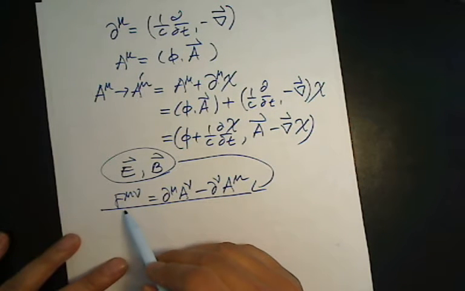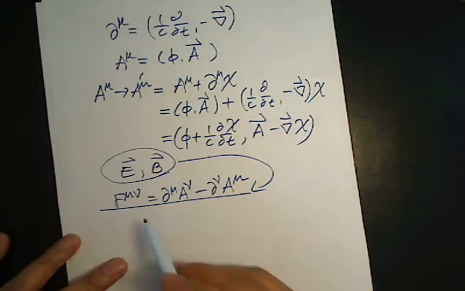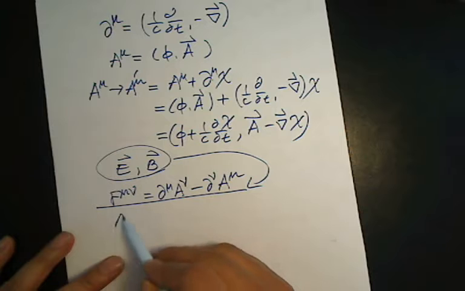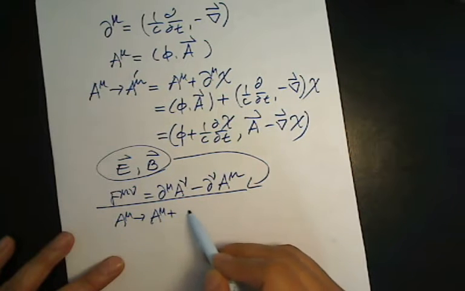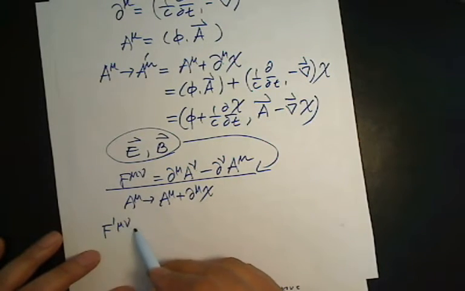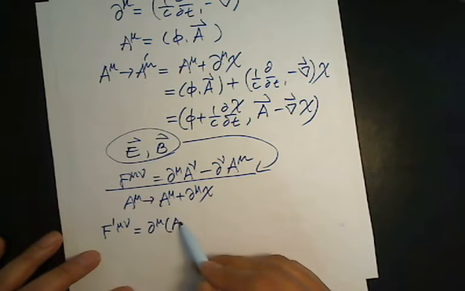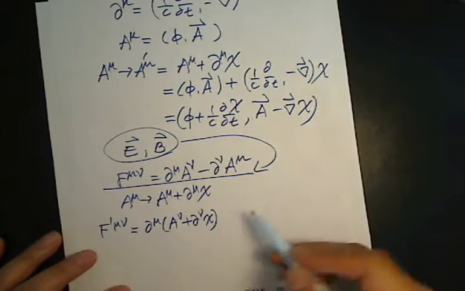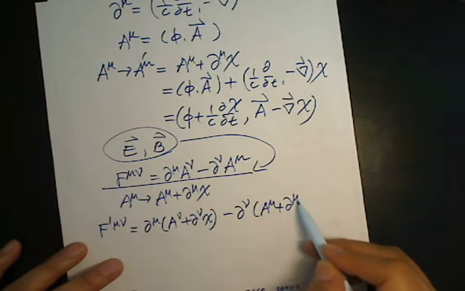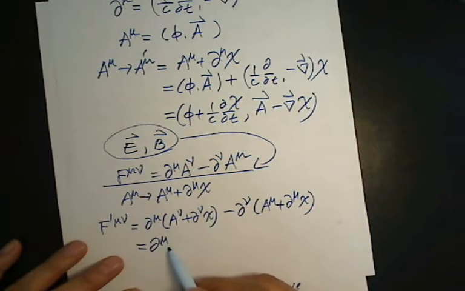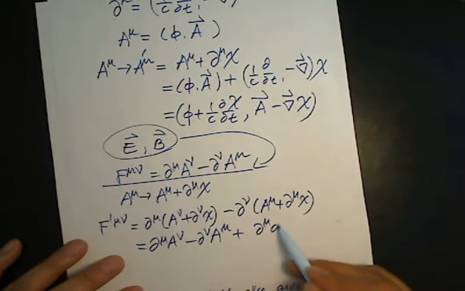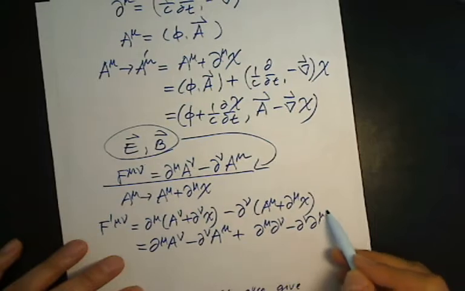And if I make use of the fact that under gauge transformation A mu goes to A mu plus the derivative of chi, then if we substitute, F prime mu nu equals partial mu A nu plus partial mu partial nu chi minus partial nu A mu minus partial nu partial mu chi, and you will find partial mu A nu minus partial nu A mu plus partial mu partial nu chi minus partial nu partial mu chi.